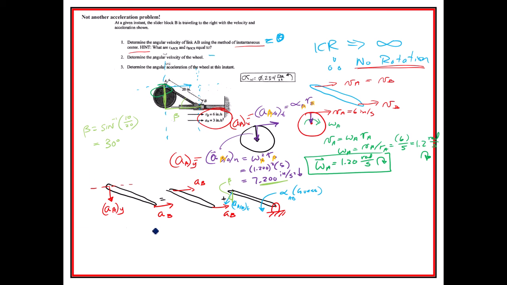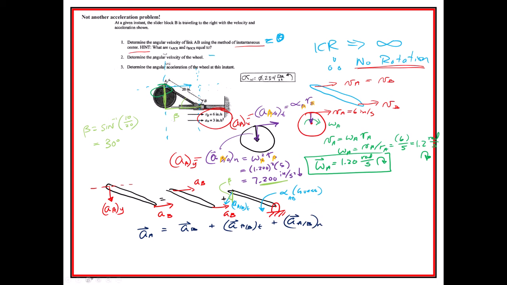I will write out the equation, right? So we're doing it for A. The acceleration of A is equal to the acceleration of B plus the acceleration of A with respect to B, tangential, plus A with respect to B, normal.